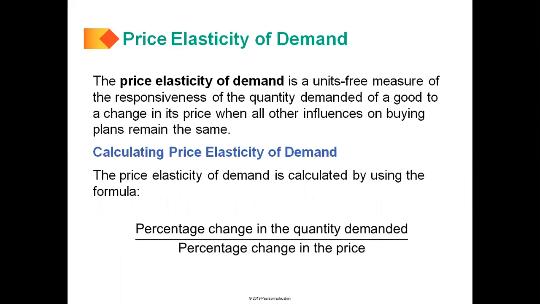Notice quantity demanded is on the top. We want to know how sensitive that numerator is, the change in how much we bought, divided over how much the price changed.